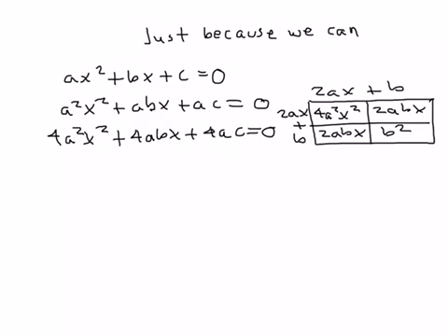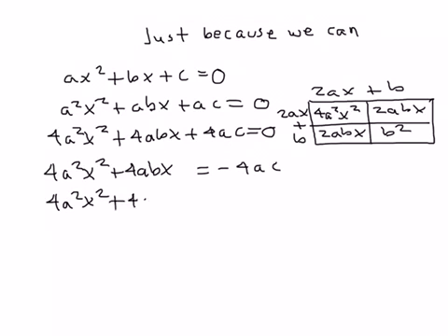So minus 4ac, and now let's add b squared to both sides. So I get 4a squared x squared plus 4abx plus b squared equals b squared minus 4ac.